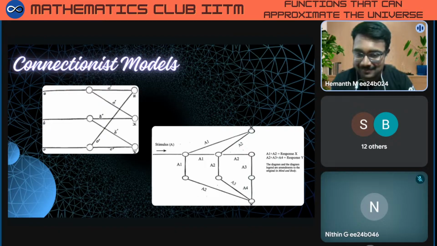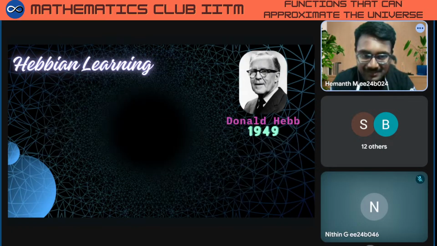This is why he said that information is stored in the connections. If you change this network by altering some of these neurons to different positions, you end up with an entirely different architecture, and that will give you a different set of outputs, even for the same input. So this was the main ideology behind connectionist models.